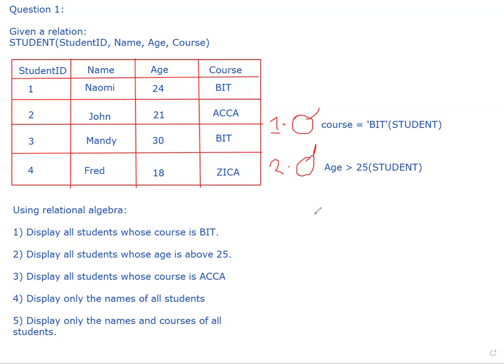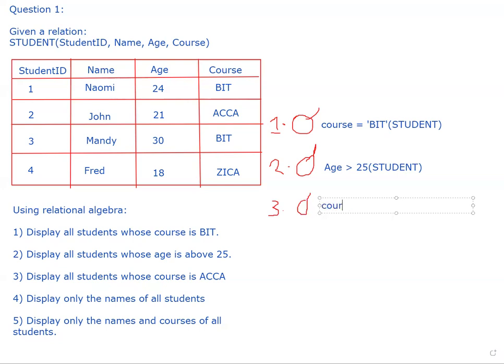What about whose course is SCCA? How should that one be written? How do you think it should be written? We are just going to write it the way it was written in number 1. Theta course equals SCCA in single quotes, and student in brackets.